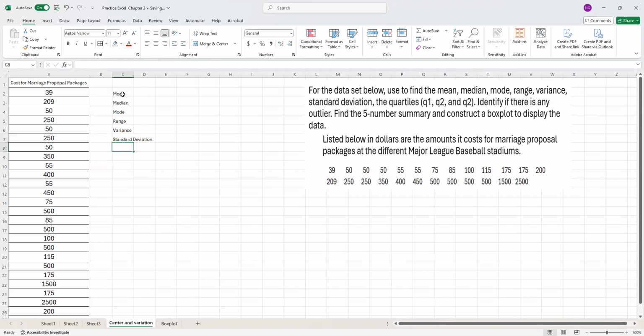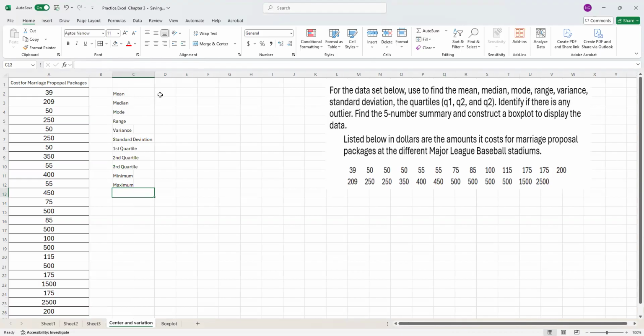We can do the quartiles: first quartile, second quartile, third quartile. Let's go for the minimum of the data, the smallest data in the data set, and the maximum, the largest data in the data set.